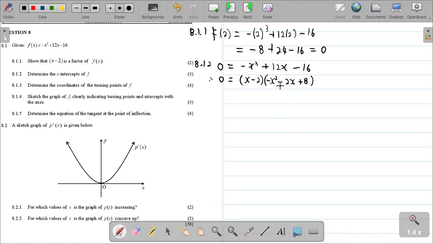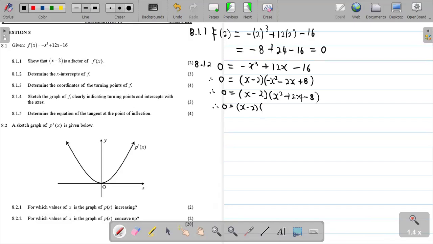So then, if we want to simplify it, we can say x minus 2, and then we can take out the negative. That's going to be plus 2x minus 8. So then we have 0 equals x minus 2.